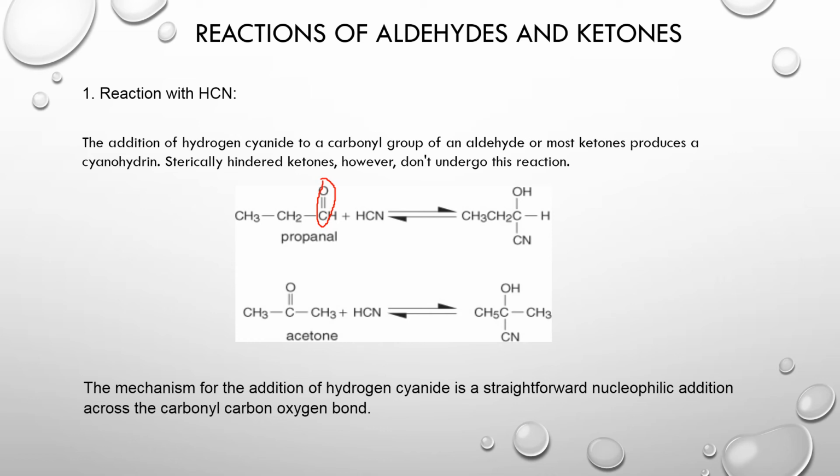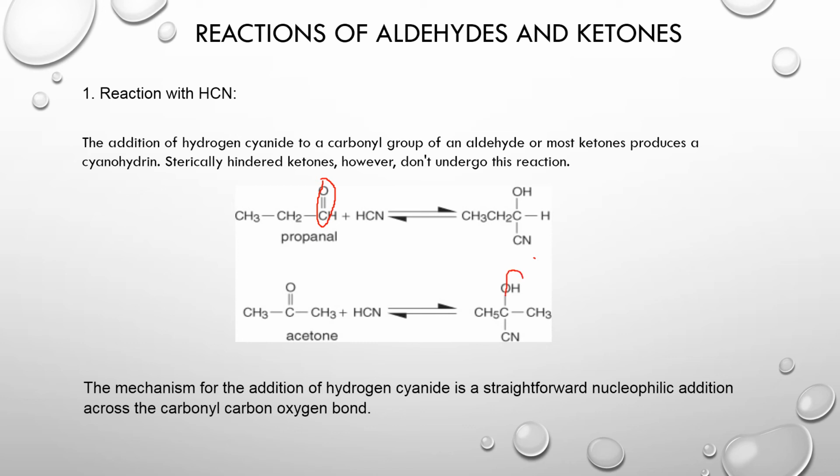Remember, in this aldehyde case, propanal undergoes addition reaction with HCN to give cyanohydrins. In a similar way, most ketones also produce cyanohydrins. Cyanohydrin means C-C single bond N and C single bond OH.